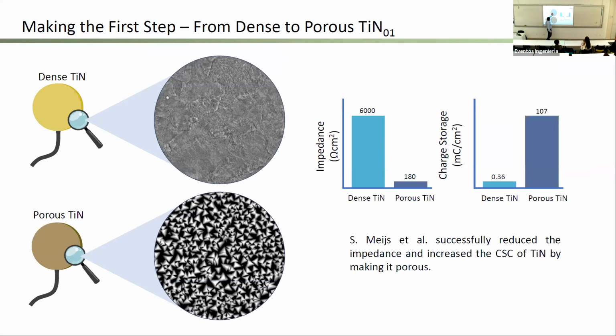However, when this material is deposited using PVD to produce a very porous material with a very high surface area, by doing so, we can drastically reduce its impedance, and we can increase by a lot its charge storage capacity.